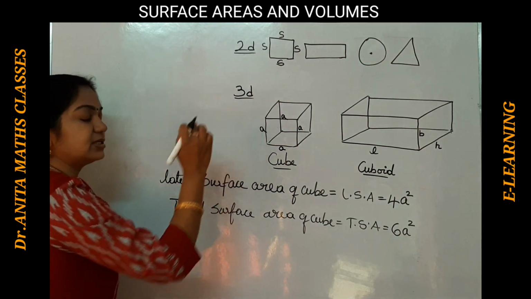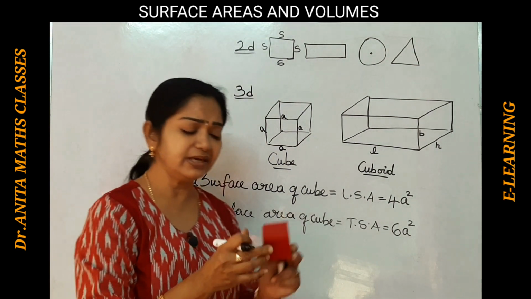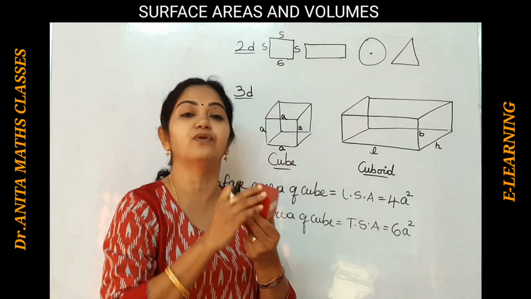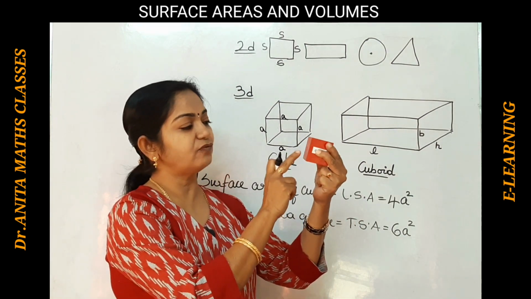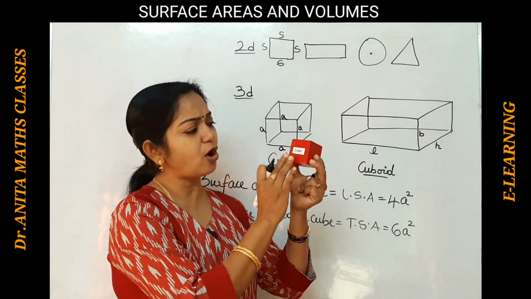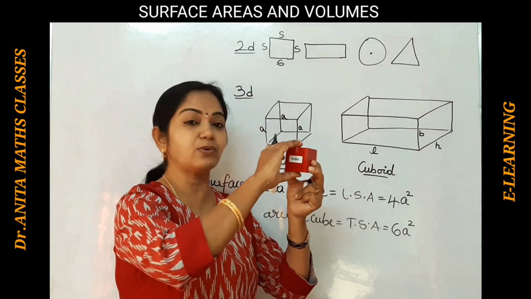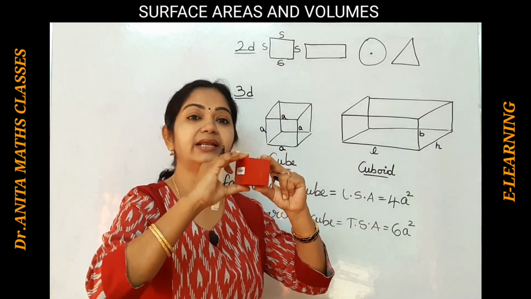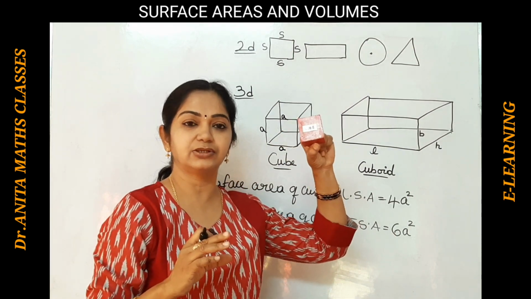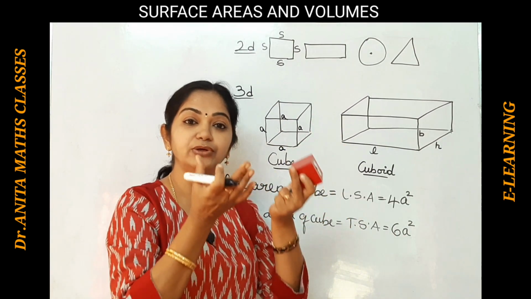Now in the case of a 3-dimensional figure only, we have the volume. So this is a wooden cube. Now how much wood is required to prepare this cube? That means the volume. Okay.